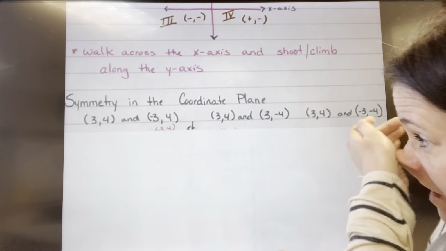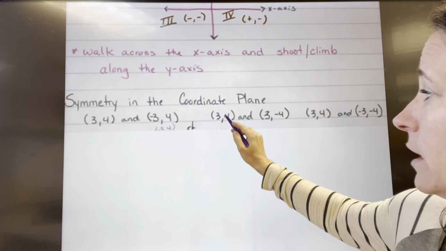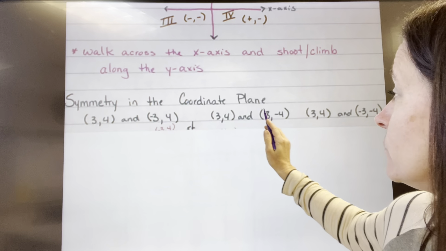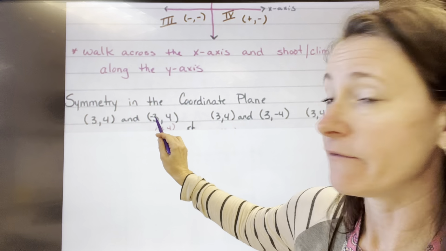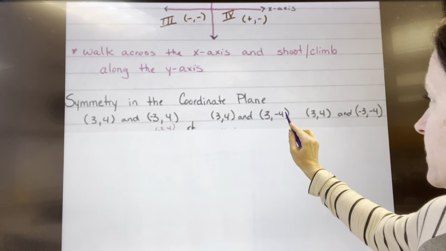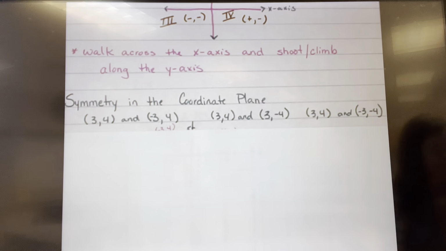So I have 3, 4, positive, positive, with negative 3 and 4. I have 3 and 4, positive, positive, with 3 and negative 4, the opposite of the y. So here I have the opposite of the x, here I have the opposite of the y, and here they're both opposite. So how does that look on the coordinate plane?